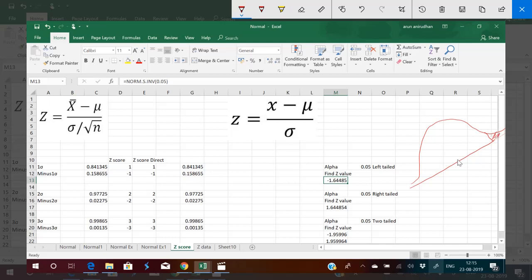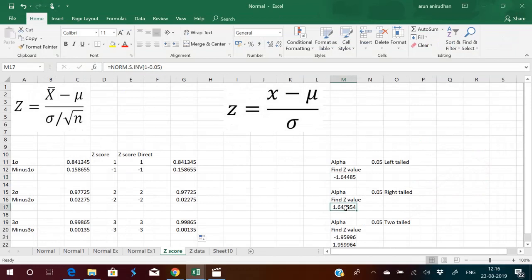So what you can do, you have to subtract this area from 1, 1 minus 0.05. So use the p value 1 minus alpha, then you will get this complete area till this point.